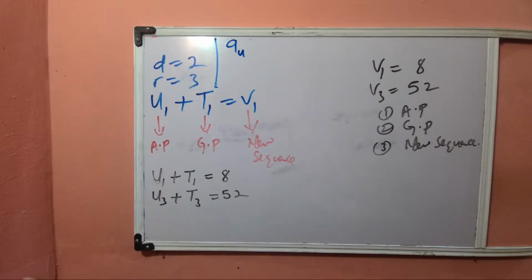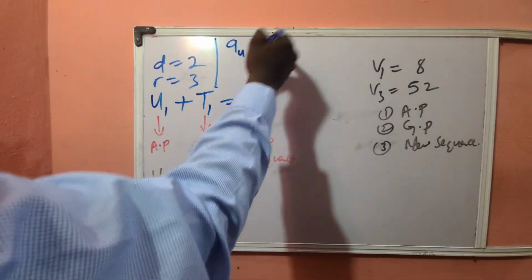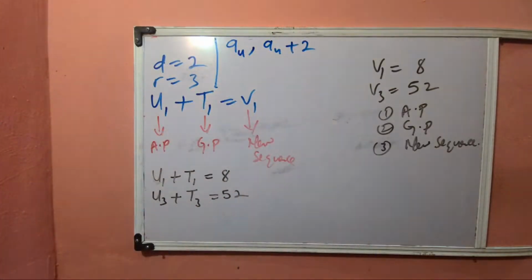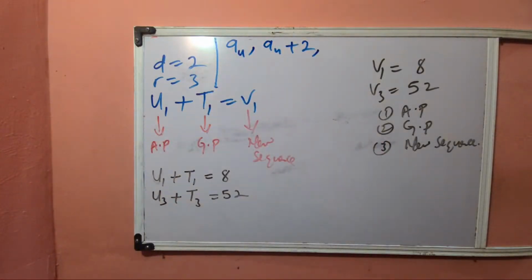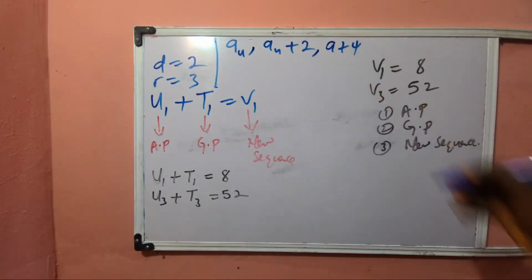So AU will be my first term. My second term will be AU, that means the first term plus D, which was 2. So this is going to be my second term of the AP. The third term will obviously be A plus 2D, and that will be A plus 4 because my D here is 2. So I'll be having A plus 4.